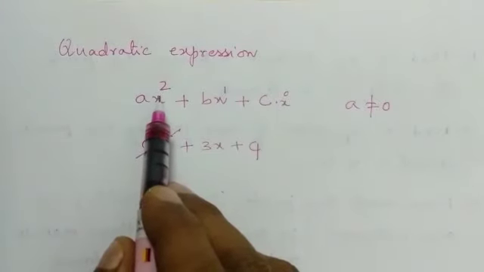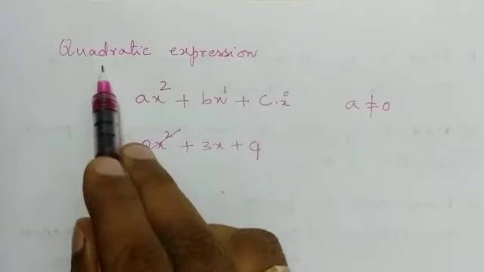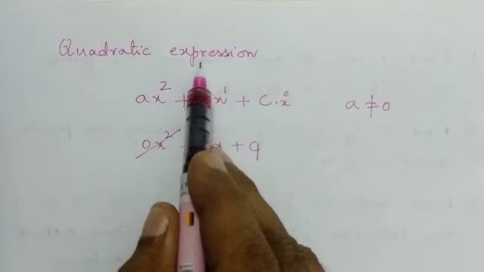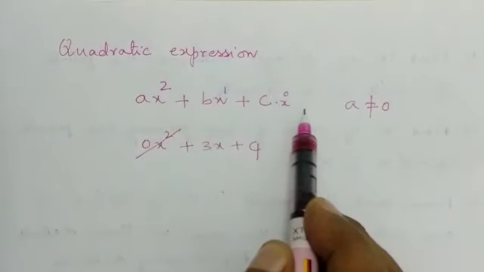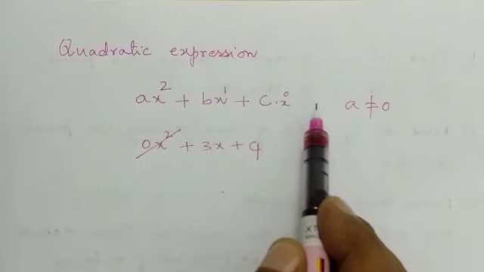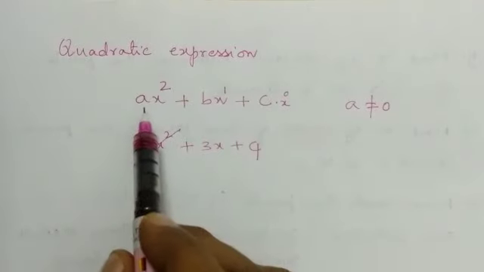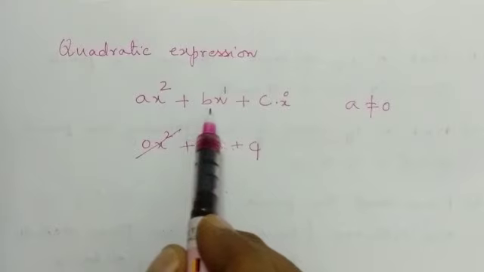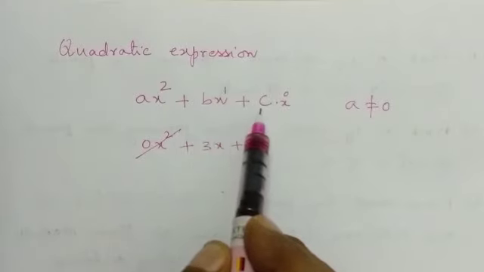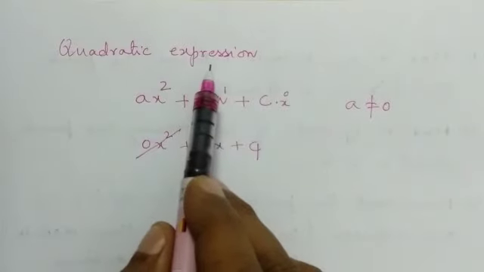Then you name it a quadratic expression because you don't have any sign here. Simply you are expressing a quadratic without any sign. So it is called a quadratic expression.